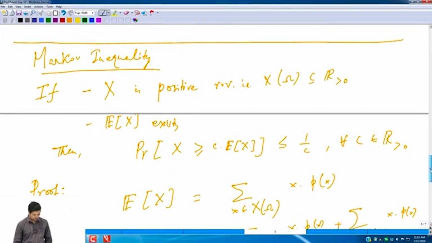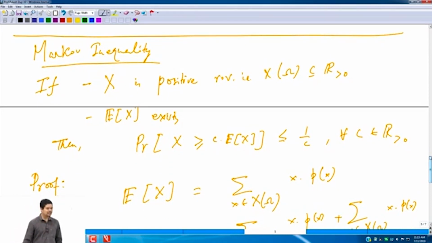And then we move to questions like how probability is concentrated around its mean and so on. And then we proved our first and most fundamental result in this context, which is Markov inequality, which assumes that the given random variable X is positive and the expectation of X exists, and then it says that the probability that X takes a value c times more than its expectation is less than or equal to 1 over c for every real number c.